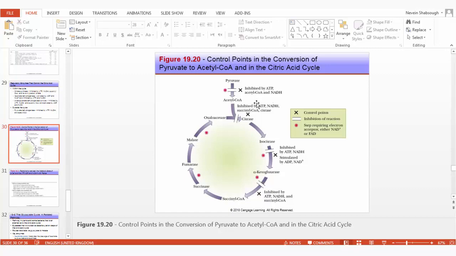Now, in mammals, the actual mechanism by which the inhibition takes place is the phosphorylation of pyruvate dehydrogenase. The pyruvate dehydrogenase complex exists in 2 forms: the phosphorylated form, which is inactive, and the dephosphorylated form, which is the active one.